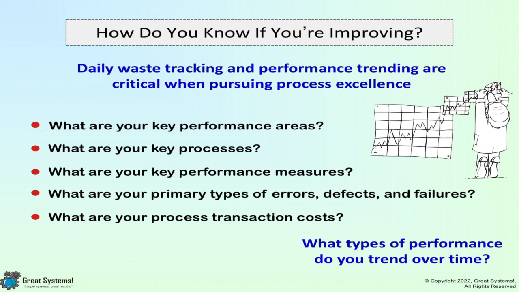Additionally, if you make sure that costs are part of your daily process measure mix, you soon begin to be able to use process transaction cost as a key process effectiveness gauge. Money matters. Working to consistently reduce process transaction cost over time is a much more effective cost control approach than merely managing to a monthly budget.